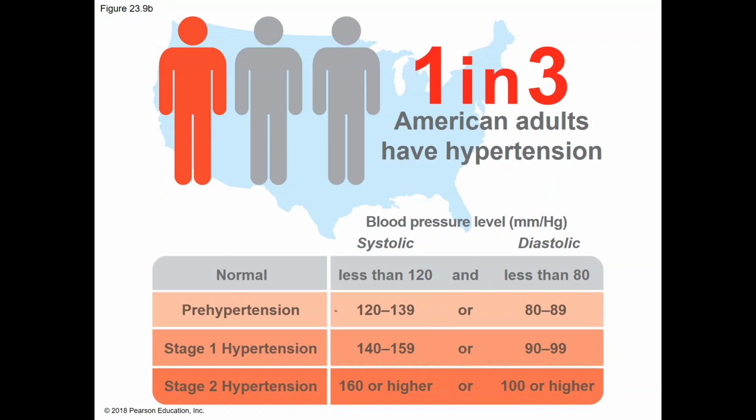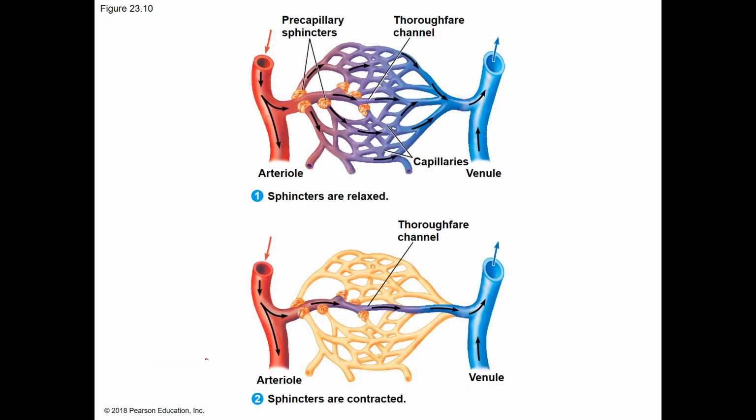If you're somewhat elevated, you may be what they refer to as pre-hypertension, where a physician might say, make sure you keep checking your blood pressure regularly because you're at risk of reaching the condition of hypertension. Stage 1 hypertension is in the 140 to 159 over 90 to 99. And if you're above those numbers, you're at pretty high risk of heart disease.